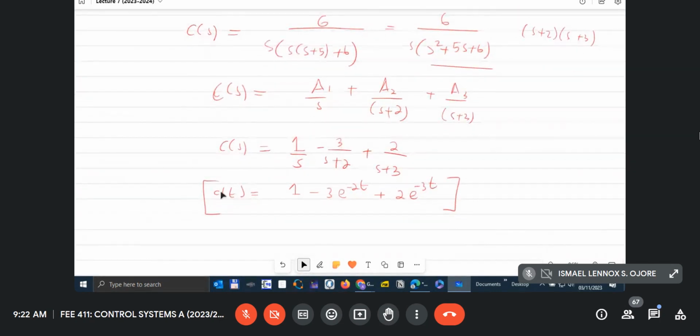So that is the unit step response. For you to get the impulse response, you just differentiate this. So you'll have 6e to the power of -2t minus 6e to the power of -3t.